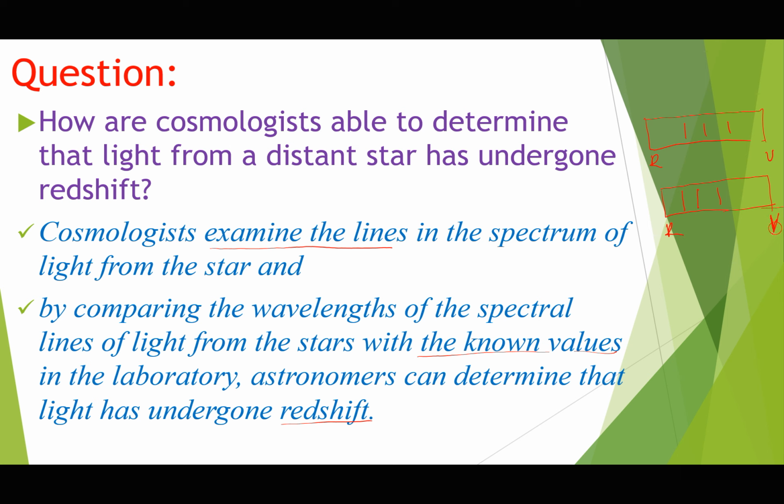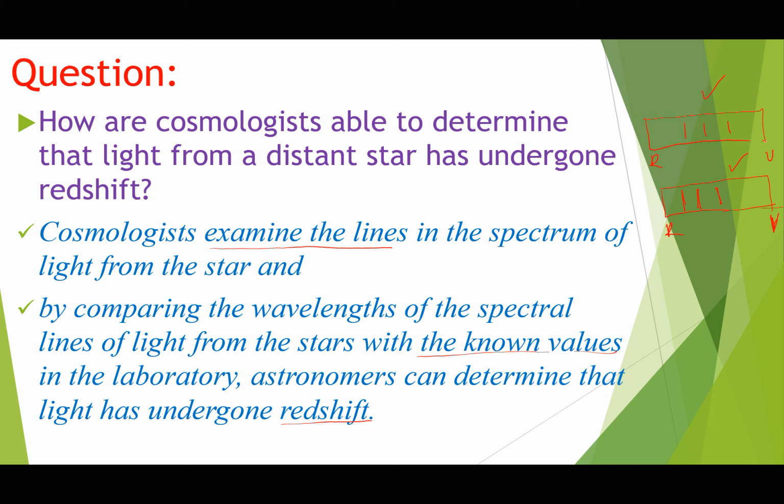So now these are falling into longer wavelengths. So by comparing this with this, astronomers will come to a conclusion that light has undergone what we call a redshift, or it has been redshifted.